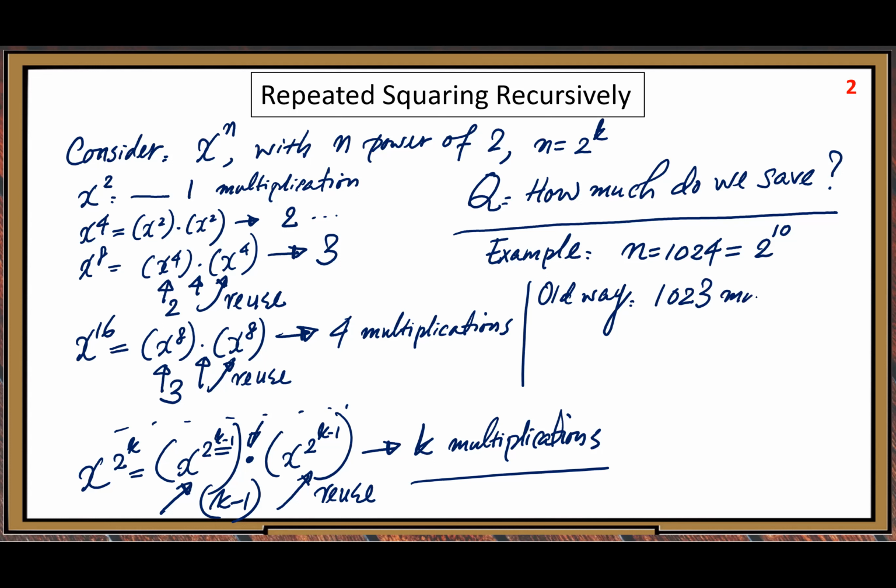The new way, reusing resource, without doing redundant calculation: k equals 10 in this example, which means 10 multiplications.